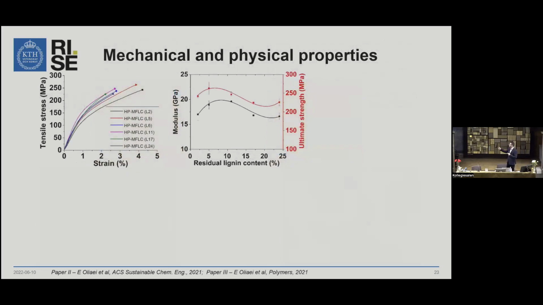Then we measured the tensile properties of hot pressed MFLC with different lignin content. I extracted the modulus and ultimate strength data in this plot. What we see here is that with an increase of residual lignin content, both modulus and strength increase to about the middle range.